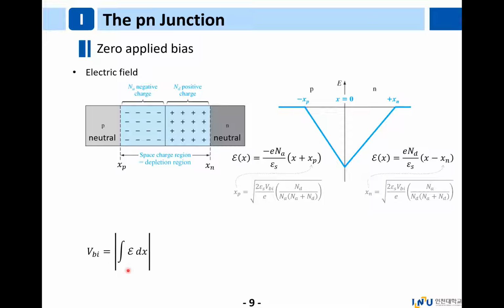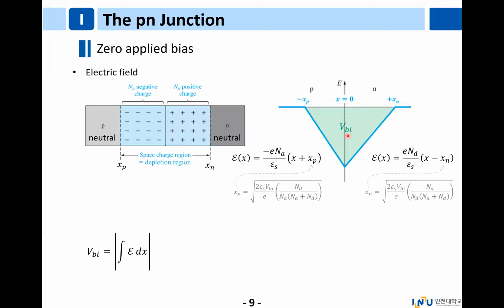In this context, the profile of the electric field resembles a triangular shape. So the area under the triangle becomes the built-in potential.